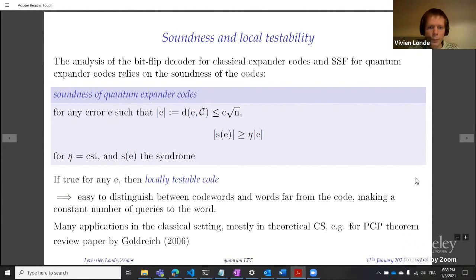So having this inequality is not sufficient to say that a code is locally testable when it holds only for small enough errors. It has to hold for any error of any size. And if we had such codes, then there would be some nice implications. And in the case of classical codes, their existence led to some very nice results in complexity theory.